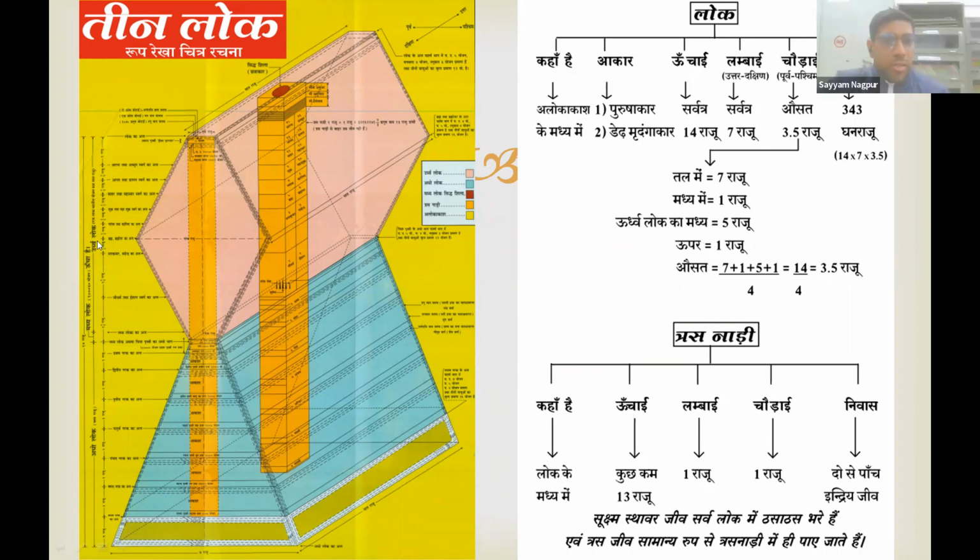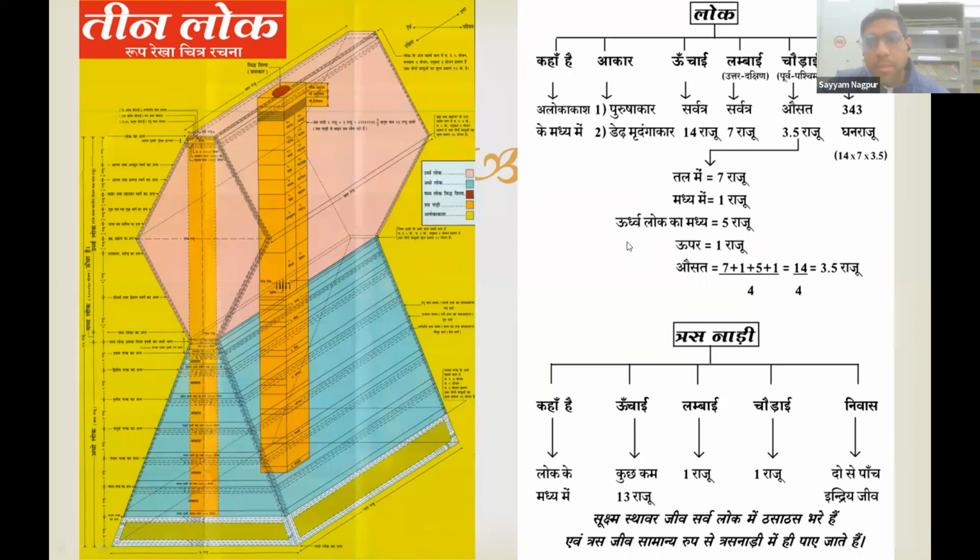So the structure that you can see in front of you has a height of 14 rajus, and the length is of 7 raju, and the depth is also of 7 raju.